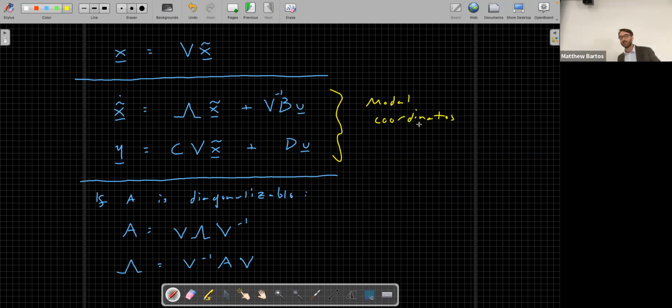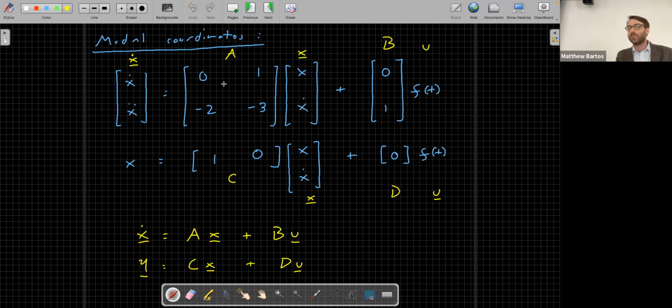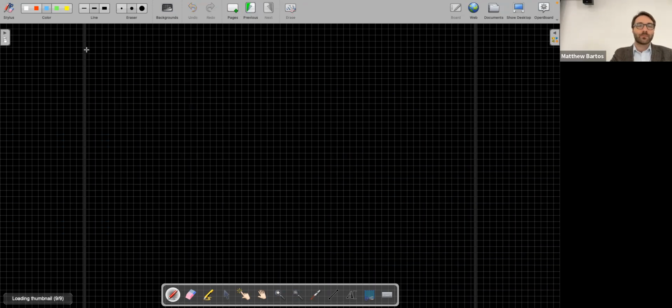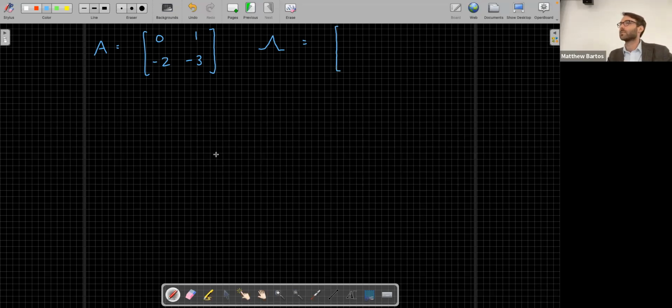So let's go ahead and do this with some actual numbers. Note that we have an A matrix of the form [0, 1; -2, -3]. What is our lambda matrix here? It'll be [-1, 0; 0, -2]. What about V?